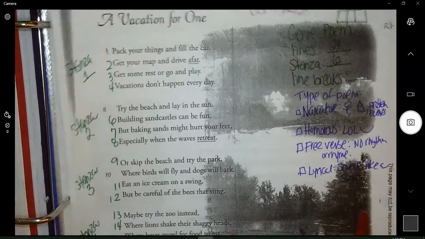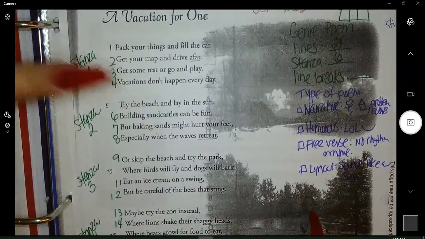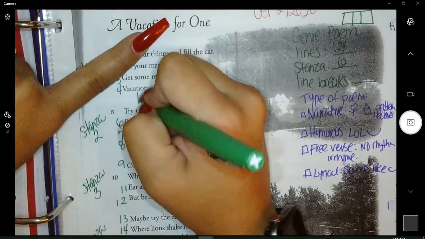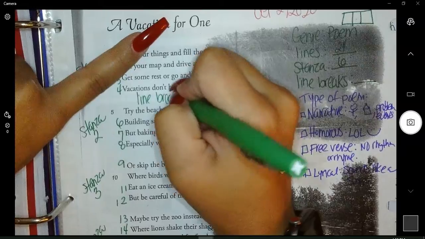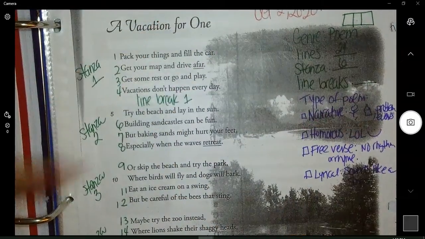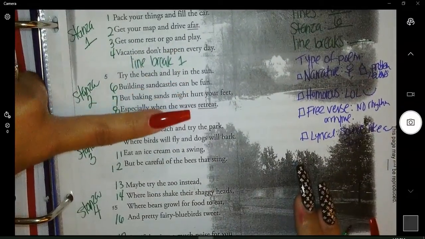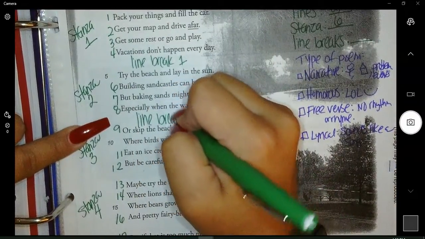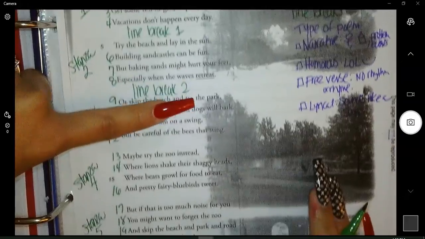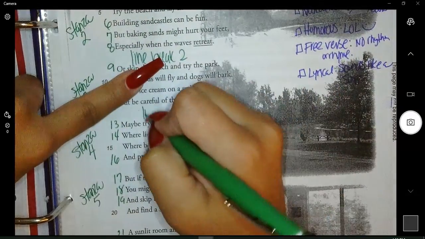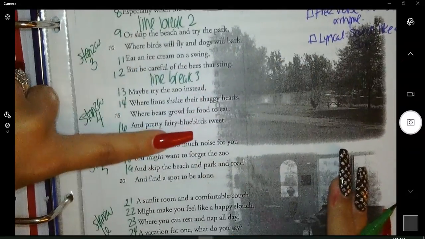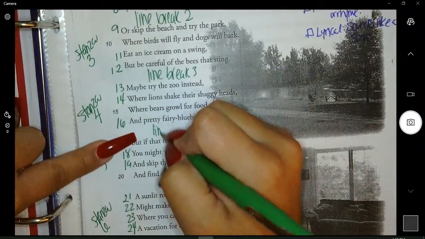How many line breaks? Remember, line breaks is take your finger and it fits here. So I'm going to put here, this is a line break. So I'm going to put line break 1. Where else does it fit? It fits again. So I'm going to put here line break 2. And then 3. I keep going, line break 4.